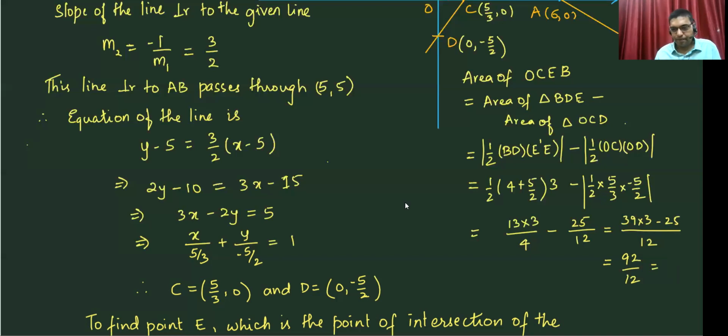So you get 46, so 92 divided by 4. So you get 23 upon 3 square units. This is the answer.